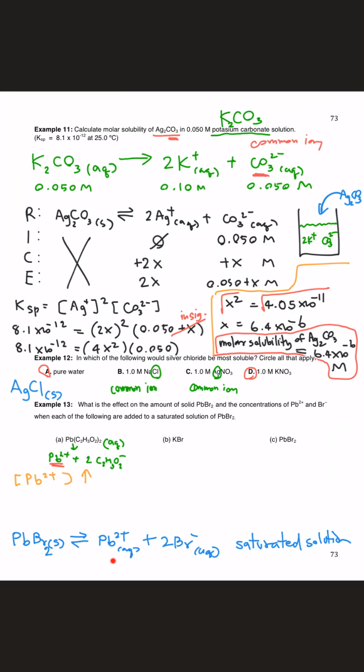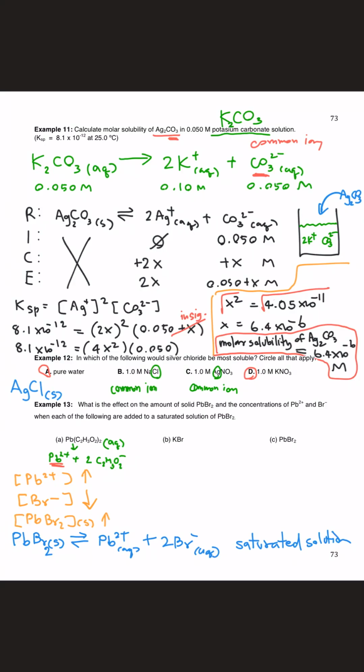In order for the lead ion to convert to lead bromide, it needs to react with the bromide ion. Therefore, when you add the lead acetate, the concentration of the lead ion would increase, but the concentration of the bromide ion will decrease because it needs to react with the lead ion, and it's going to shift to produce more of the lead bromide.